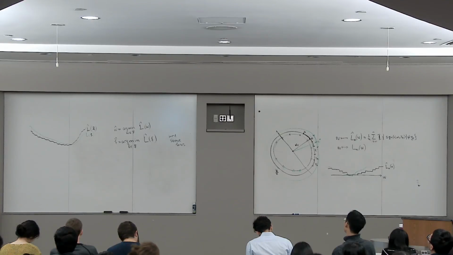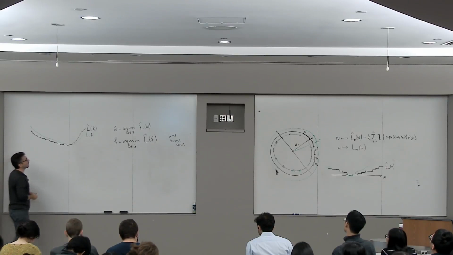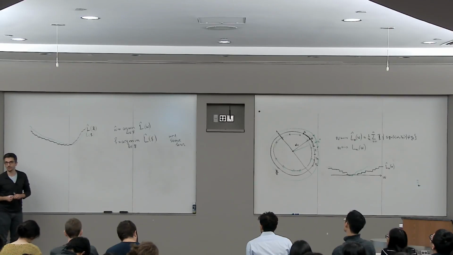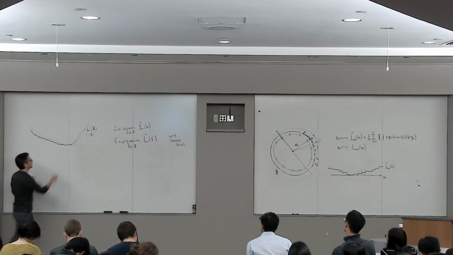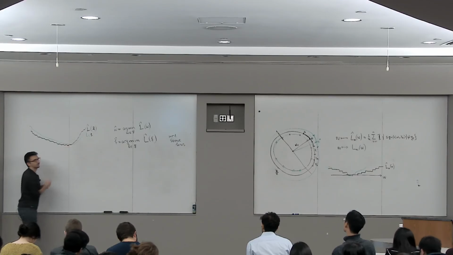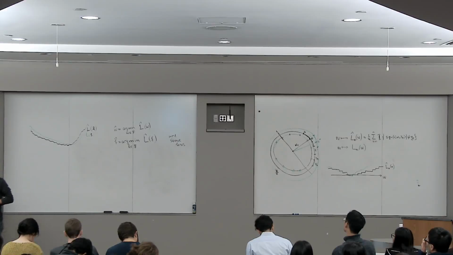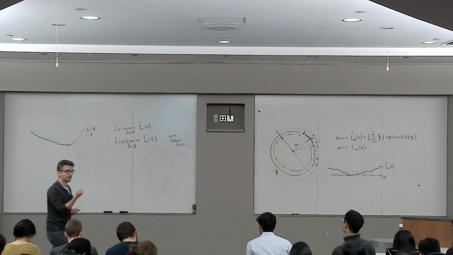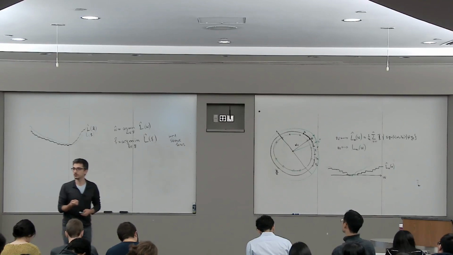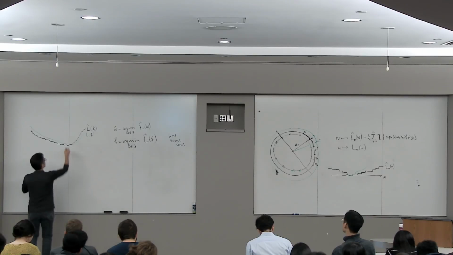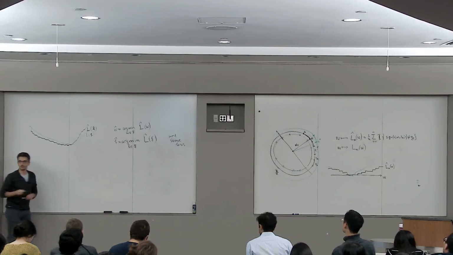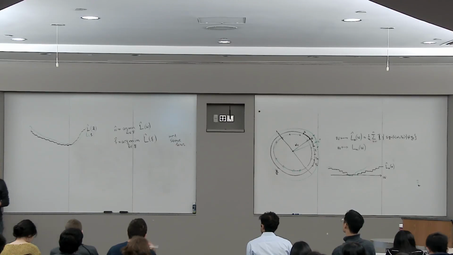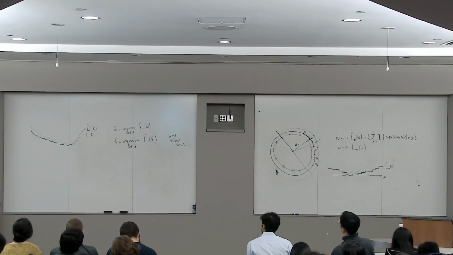And the question is the following. If I minimize L hat of W or L hat of f, I end up here. But what I want to know is the generalization ability of my model that I found. And that is this point. Right? How high is it? That's what I want to know. Is it clear? Clear what I want?